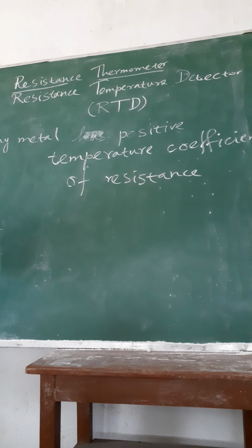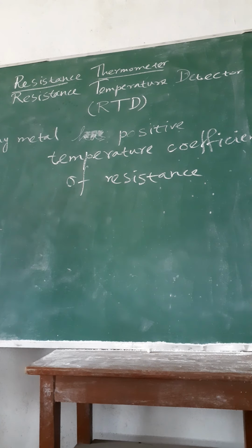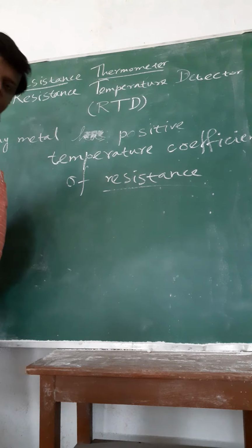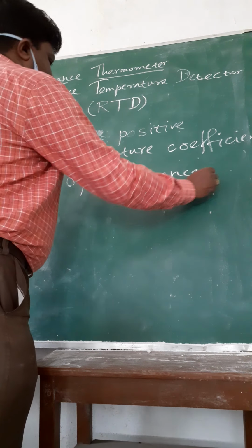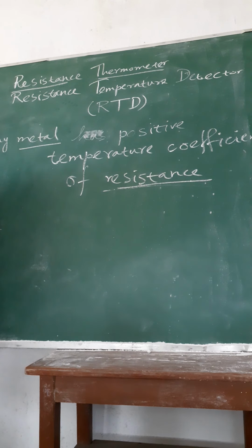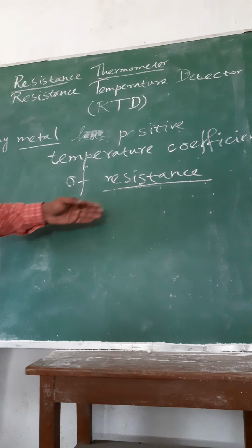What does it mean? Actually, anything in this world has resistance, small or large. Any metal also has resistance before the conduction of current.